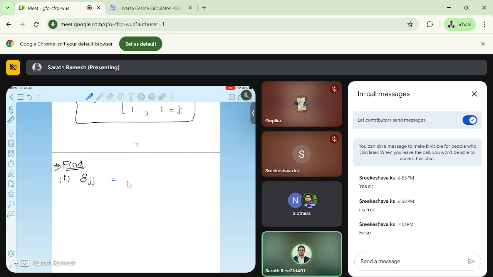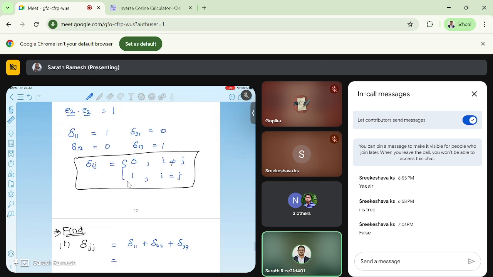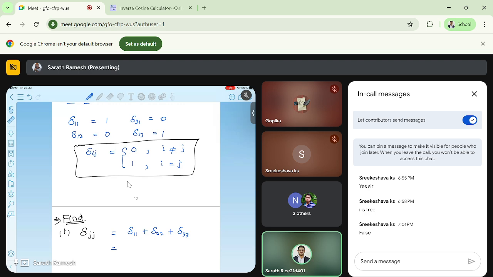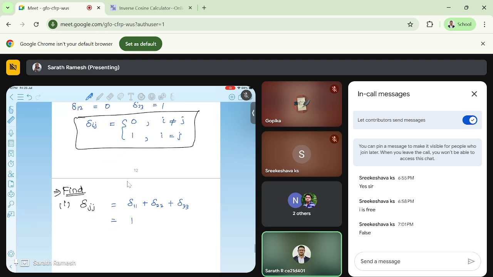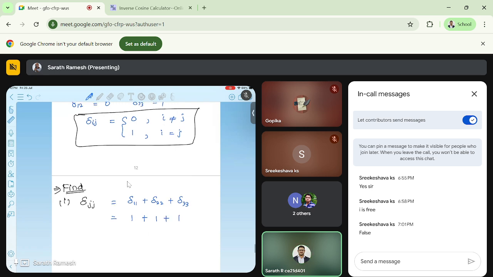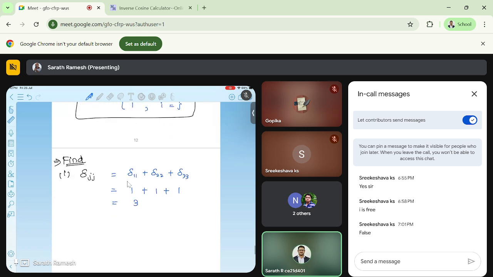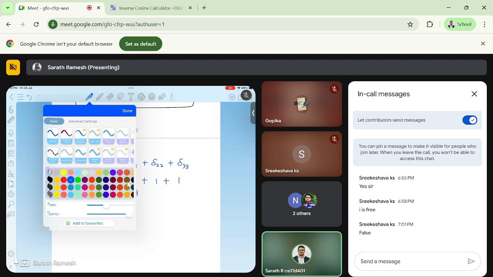What do we have to do if we have a dummy index? We have to sum it from 1 to 3, correct? So it will become delta 1 1 plus delta 2 2 plus delta 3 3. If i and j are the same, delta 1 1 becomes 1, again 1, 1. So it will become 3. The answer is 3.